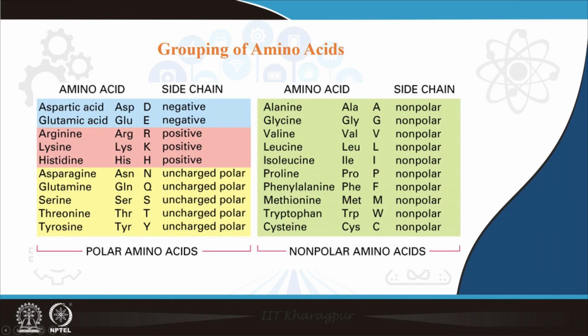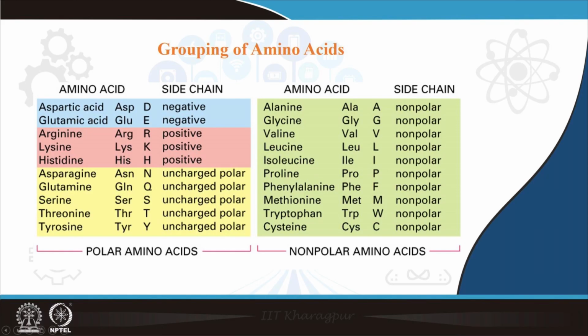Then we have the non-polar amino acids. These non-polar amino acids, also called hydrophobic amino acids, would tend to be away from the solvent. Why? Because they have no favorable interactions with the solvent.